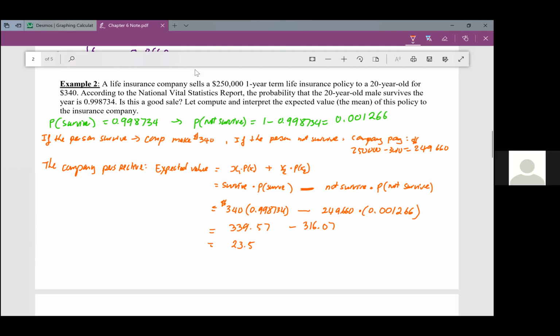Yes, so it's situational of what you could do, either adding or subtracting. That's right. Okay, so when you look at your perspective versus the company perspective, from your perspective you would take minus 340, and then you would add 249,660, because if you're surviving, you're losing 340, but when you're not surviving, you're taking the money back, right? So this is the company perspective, and this is why we try to explain why they offer 340 a year and not 350 and not 300, depending on their perspective.